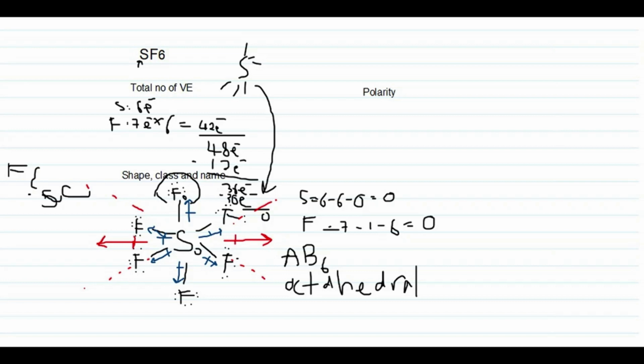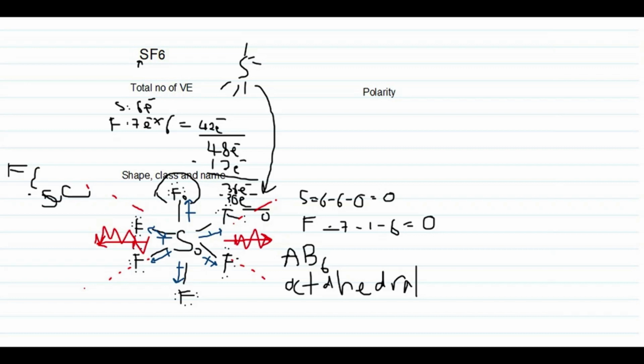Since it is made up of the same atom, the pulls of electron density are equal. So hence, let's say if I have here 10 Newton on the right hand side, I will also have 10 Newton on the left hand side. So I can say that the left hand side and the right hand side can be cancelled out. At the same time, the above and below are also symmetrical.